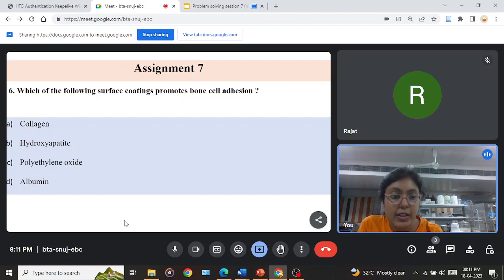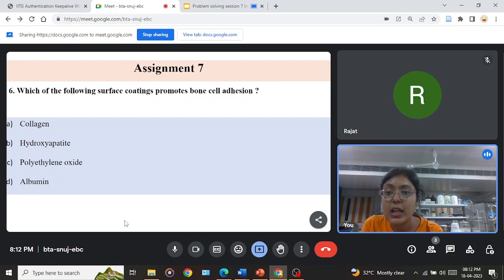As we already saw in the last question, albumin resists the platelet adhesion, right? So already you can rule out option D. So you're left with three options: collagen, hydroxyapatite, and polyethylene oxide.